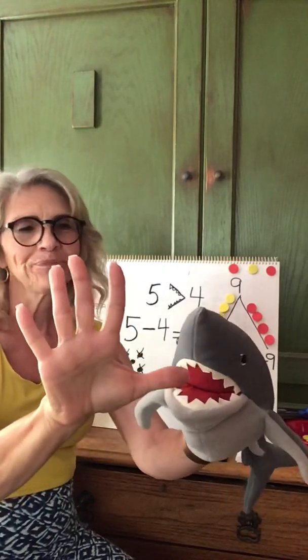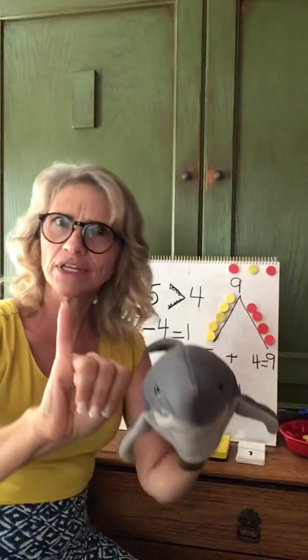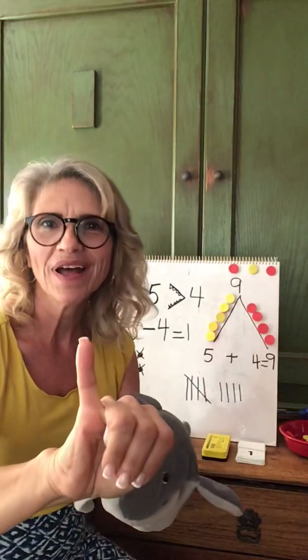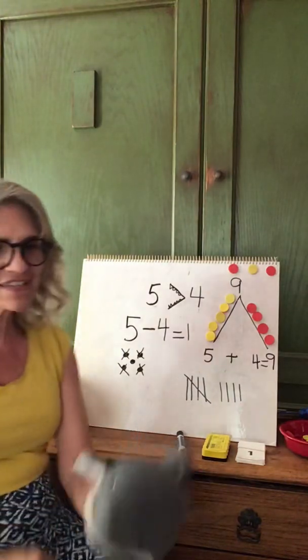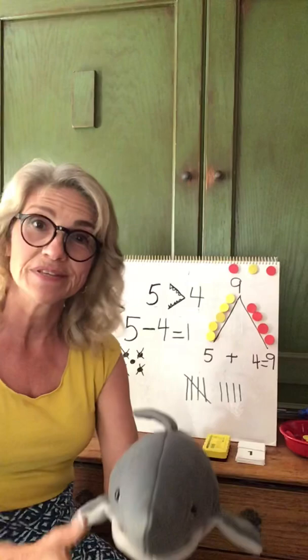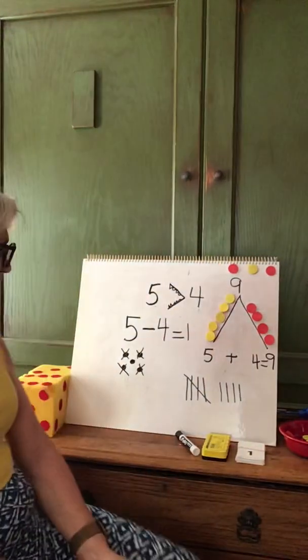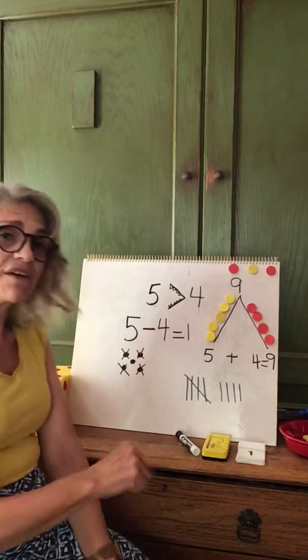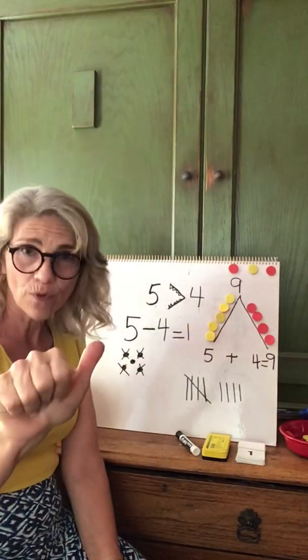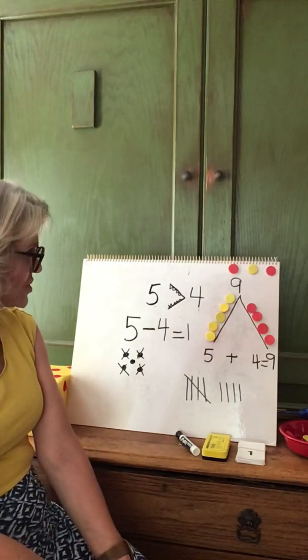Here we go. 1, 2, 3, 4. How many did I have left? 1. Just like with our cross out. Thanks, Brucey. Any more? Nope, that's it. Bye, Brucey. So that's another way to do it. So 5, take away 4 is 1. So we have 1 left, just like that.